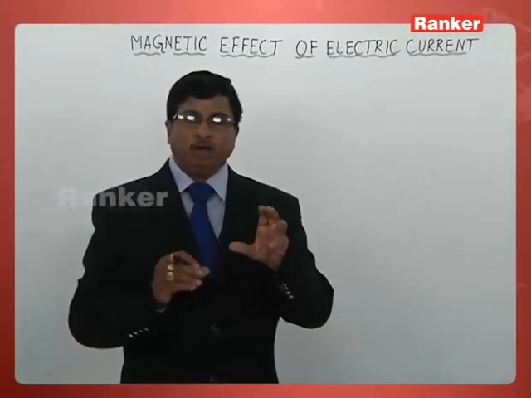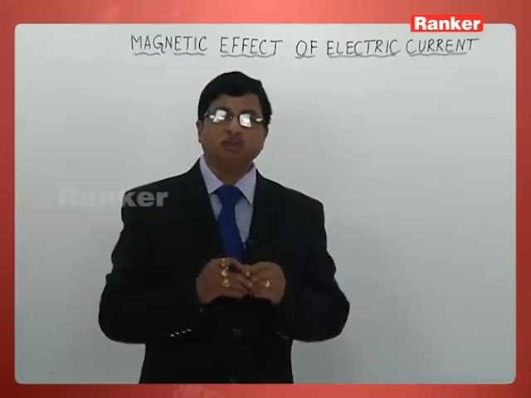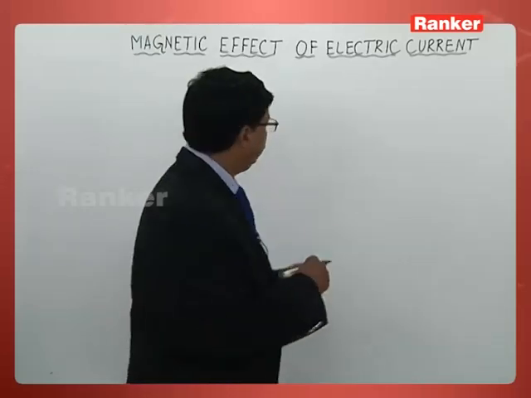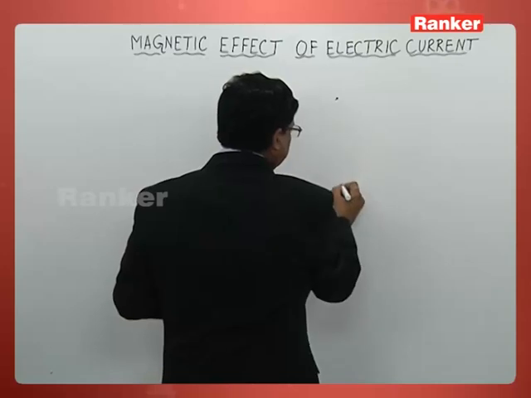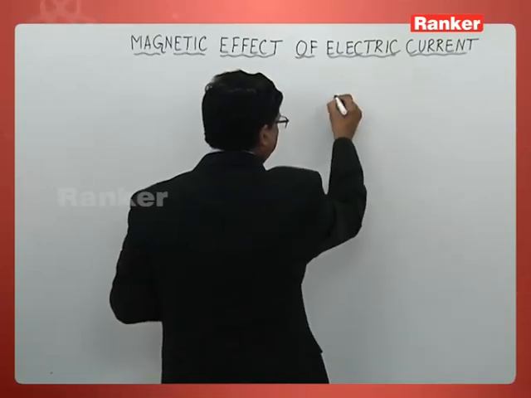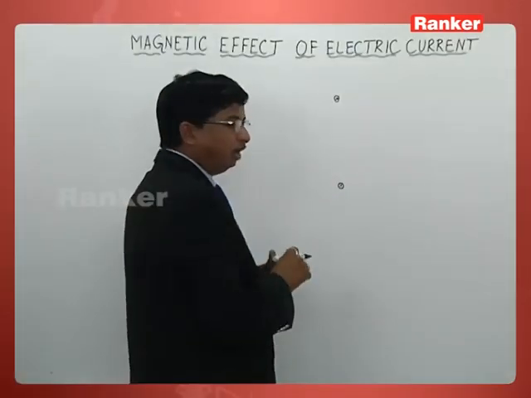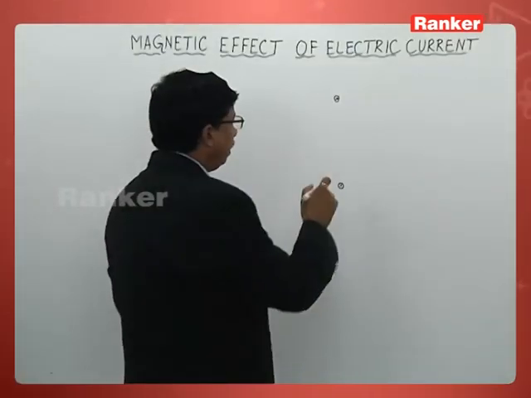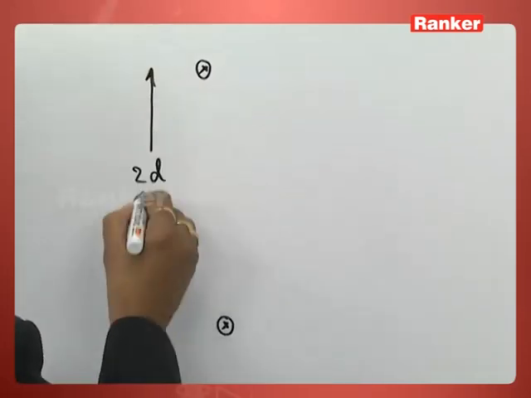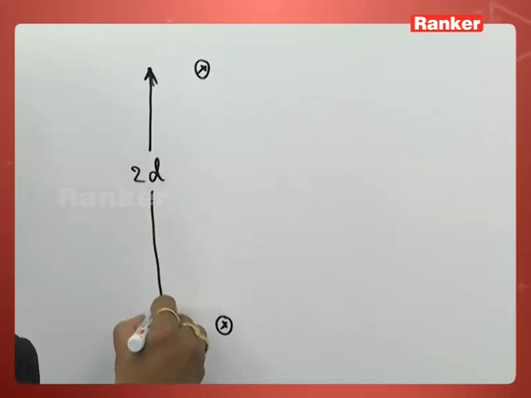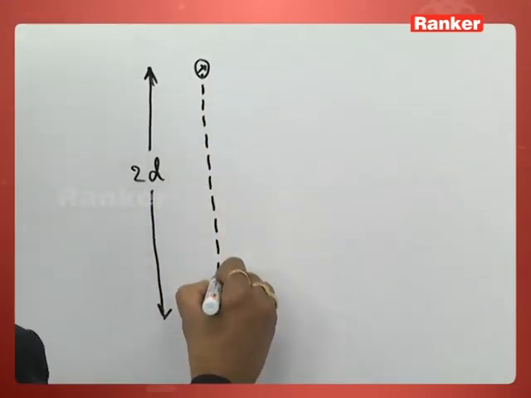So according to the problem, let us go by the figure that has been given first. It is giving us 2 different conductors. Of course, these 2 are perpendicular to the board, and the distance of separation between these 2 is given as 2D.